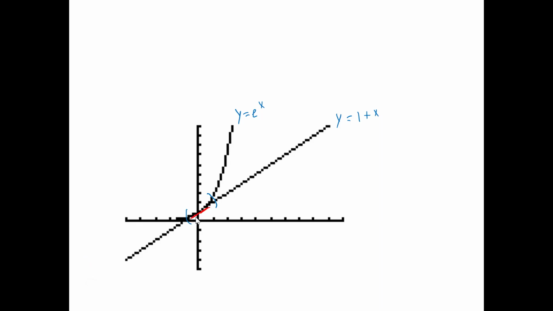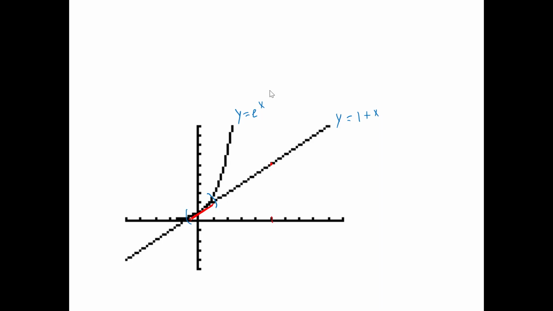As you move away, as your x values are over here, you can see that your outputs are nowhere near the same. So what we want to do is get a better approximation, and the better approximation we're going to want to make is by using higher degree polynomials.